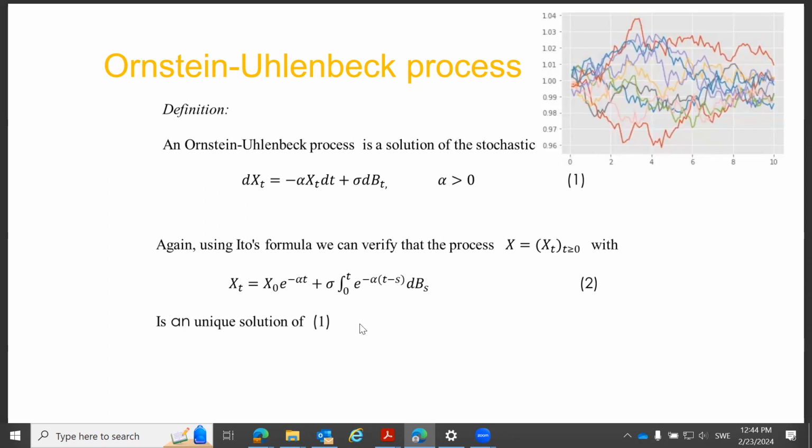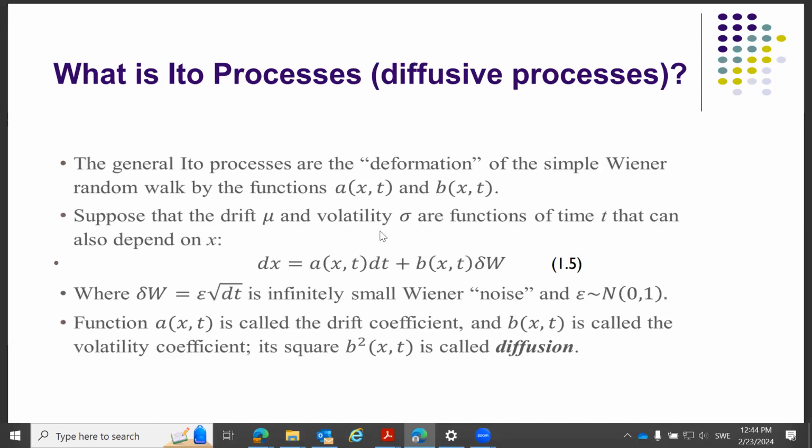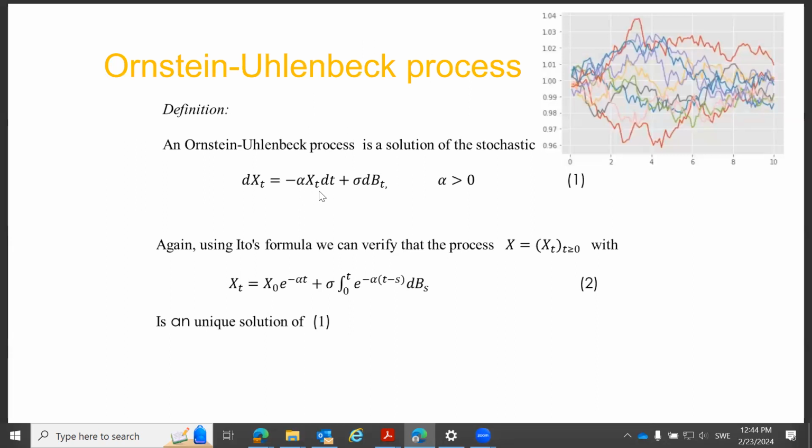Okay, and we already know some examples of Ito processes. For example, the Ornstein-Uhlenbeck process, where the coefficient before dt is a(x_t) and the coefficient b is a constant sigma before dB.